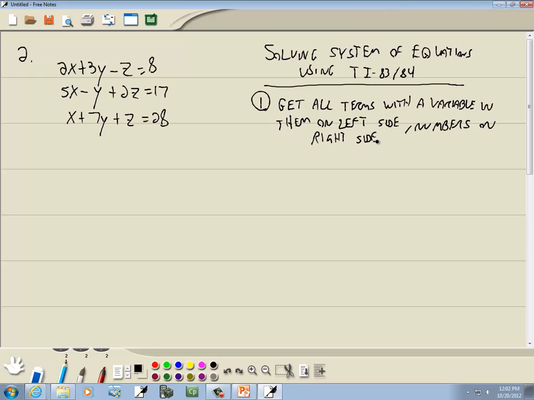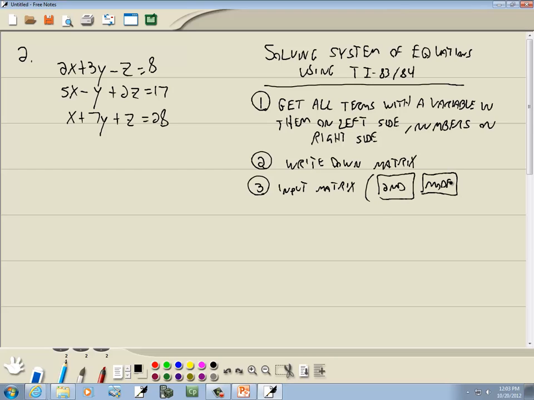So we want to get our constant terms on the right side by themselves. Step 2, write down your matrix. Step 3, input your matrix. And be sure you do a second mode to exit out after you get done inputting it.